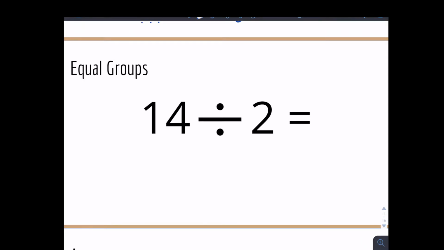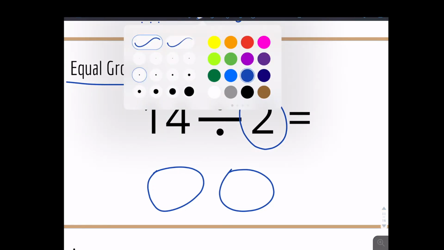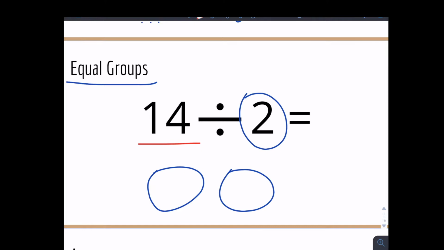So I'm going to walk you through the 4 different strategies just like I did before, but we'll start off with equal groups. And so equal groups, again, in this case, the second number is now becoming your number of groups, and your first number is now kind of like your total.